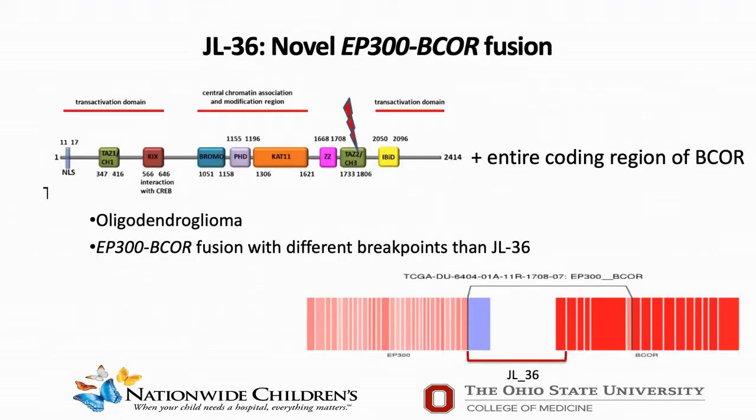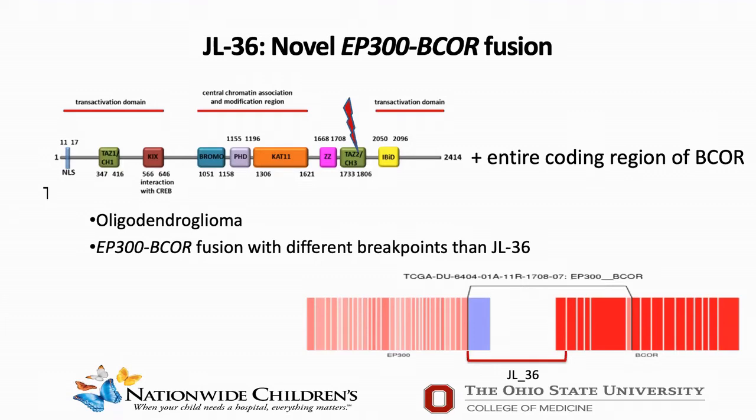We then went to search through the literature to identify other instances of EP300 BCOR fusion. This was a couple of years ago. The only thing we were really able to find, shown on the top panel here, was this oligodendroglioma from TCGA that also had an EP300 BCOR fusion, but with slightly different breakpoints than in our patient.